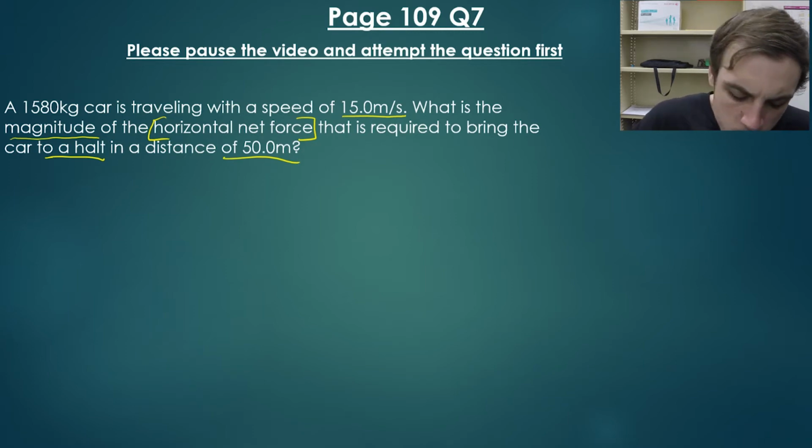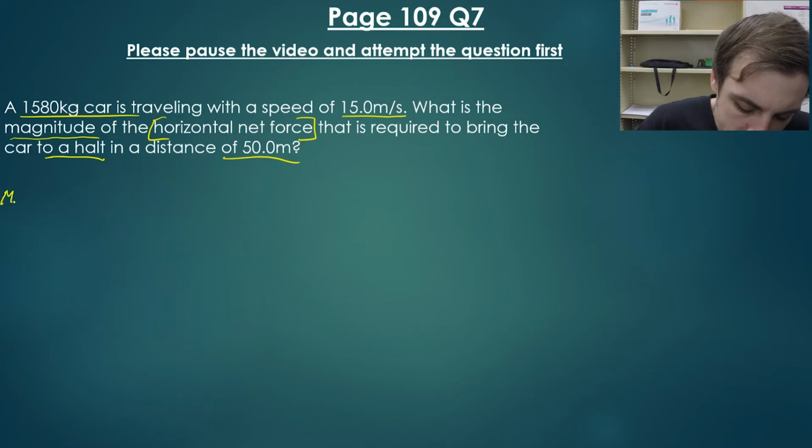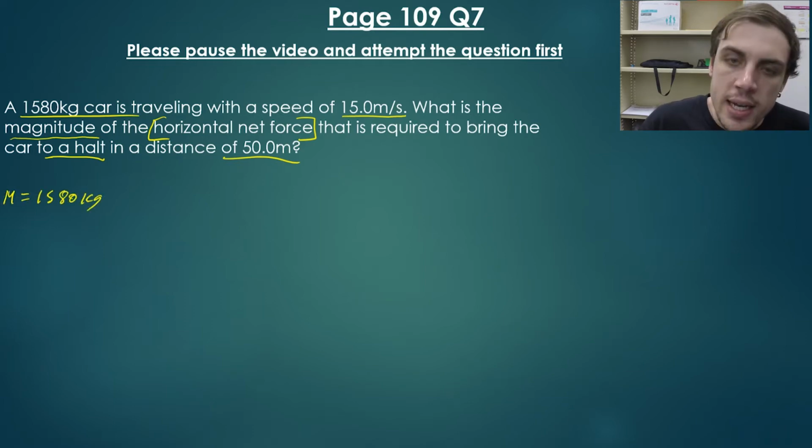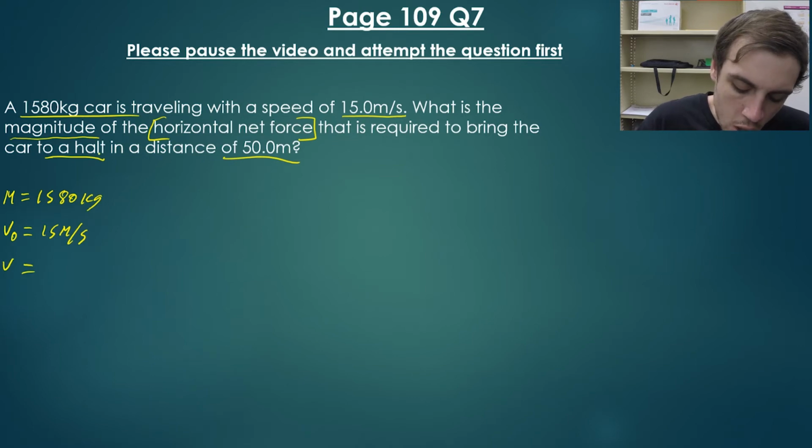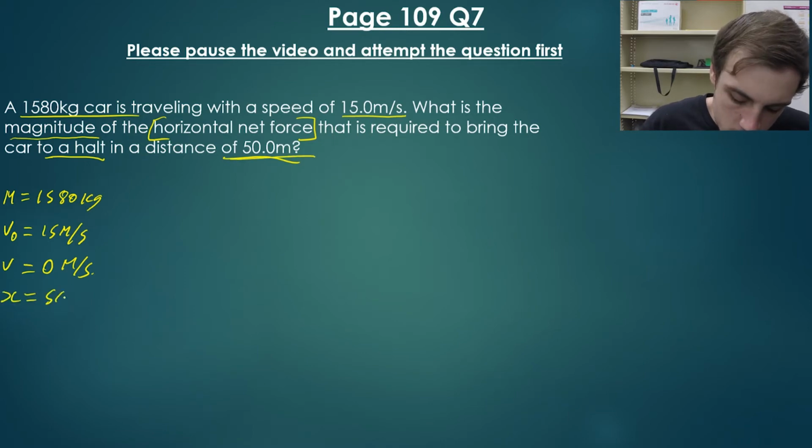Okay, so we were given a couple of very important things here. We were given the mass. We were also given the initial velocity is 15 meters per second. We were given the final velocity because it said to a halt, so the final velocity is 0. We were also given the displacement.